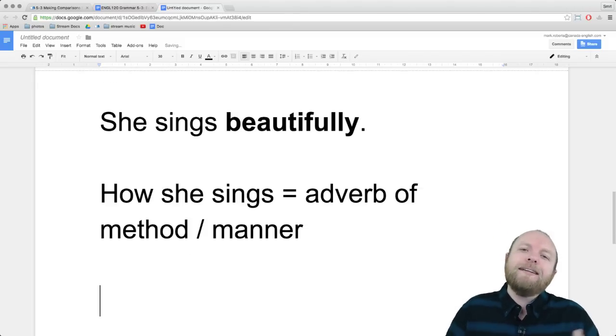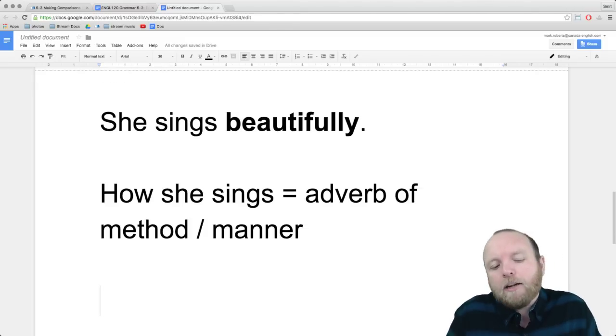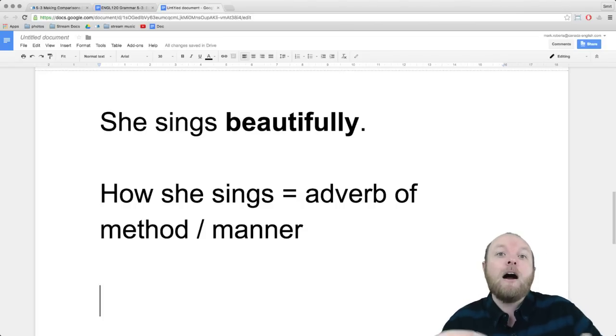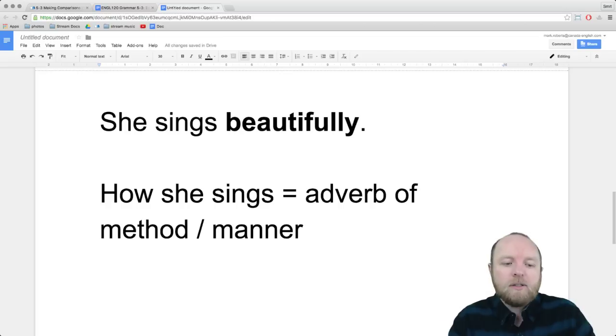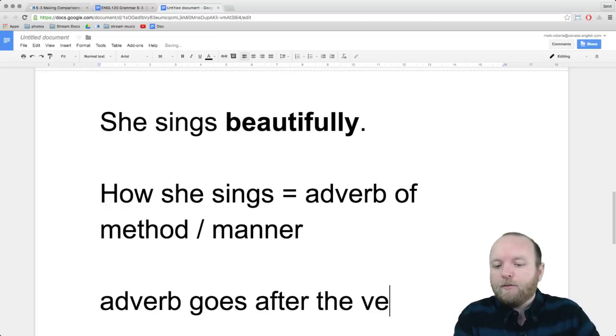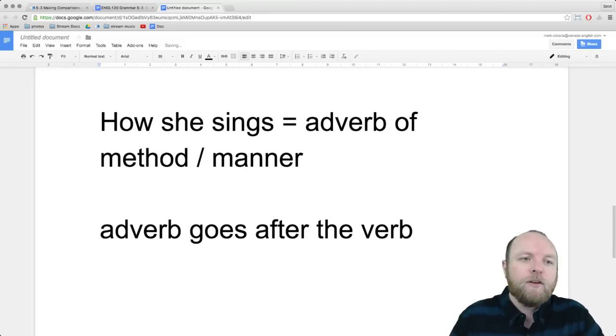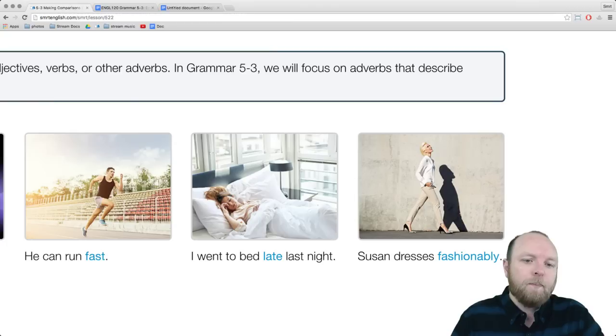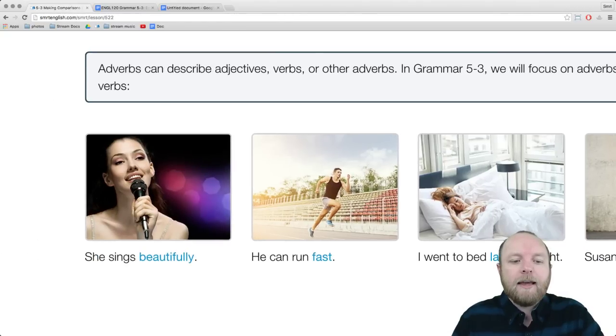Okay? Now the name doesn't matter. It's not important. But usually if you're describing how something is done, the adverb goes after the verb. Okay? So if you look at these examples, Paul, you can see that the adverb is after the verb. Fast is after run. Late is after the phrase go to bed.